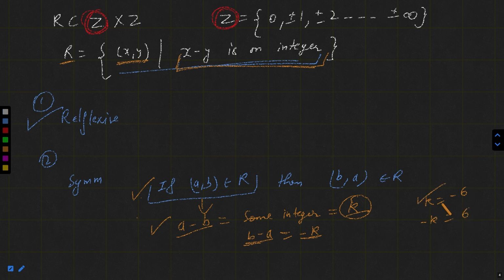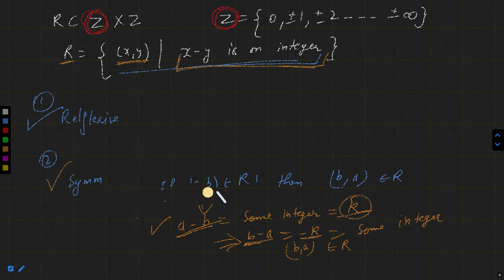So from this, if (a, b) belongs to R, meaning a minus b is some integer, then b minus a is equal to minus k, which is also some integer. So (b, a) also belongs to R. So it is also symmetric. I hope this is all clear to you.